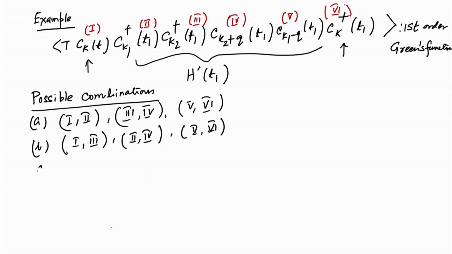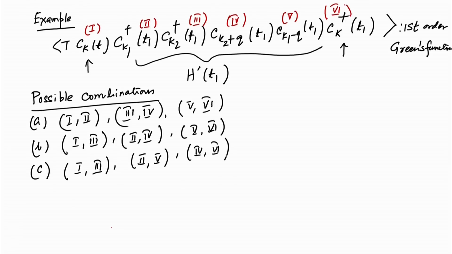So, we have a third combination, which is 1, 3, 2, 5 and 4, 6.